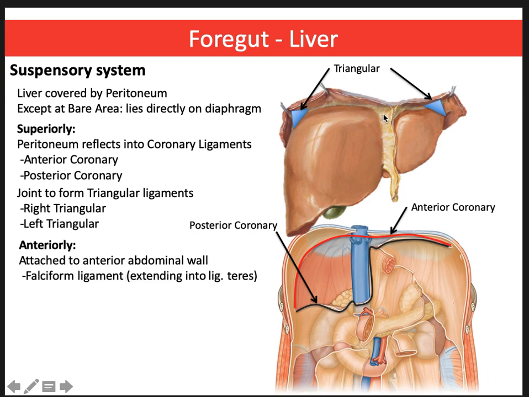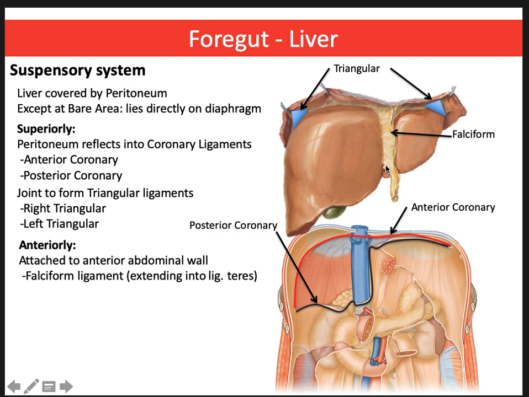And the other thing that you can notice is this thing here, which is the anterior attachment of the liver to the anterior abdominal wall. So you have your visceral peritoneum that will fold and meet the parietal peritoneum of the anterior abdominal wall. So it creates another anchor to the anterior abdominal wall here, the falciform.